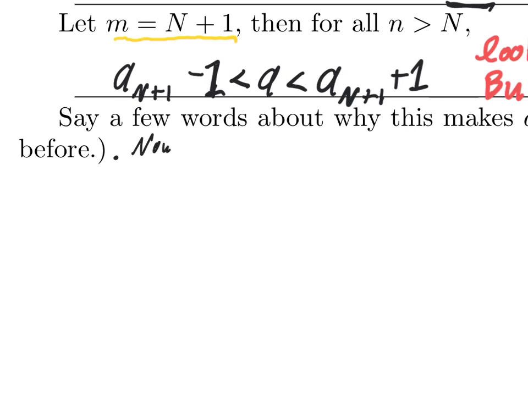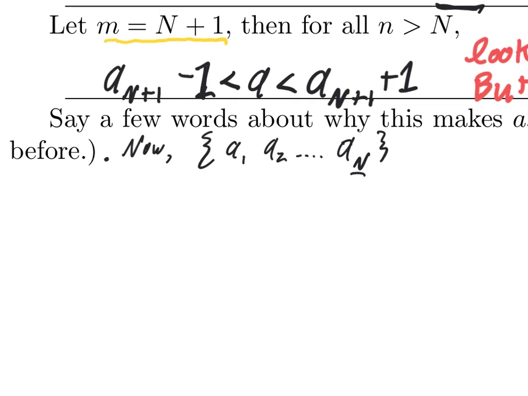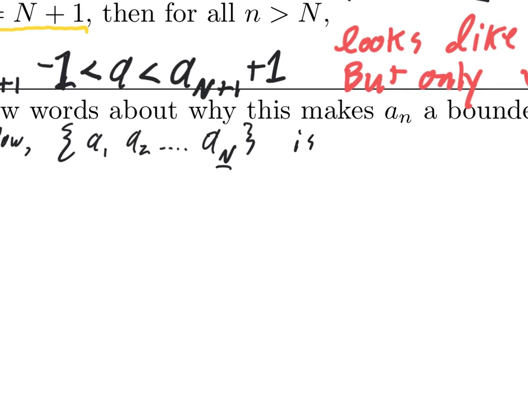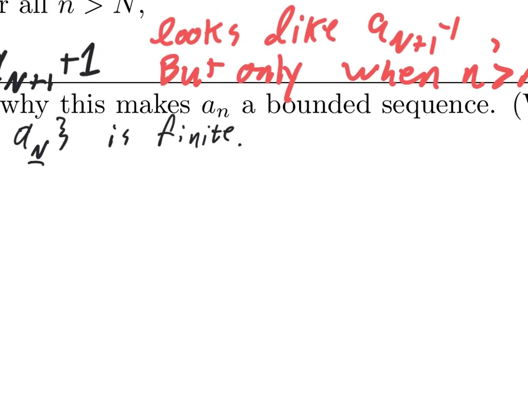Now, the set a1, a2, dot dot dot, a sub big N, where this stops at big N, a particular number, is finite. Finite sets are bounded, and so this set is bounded.